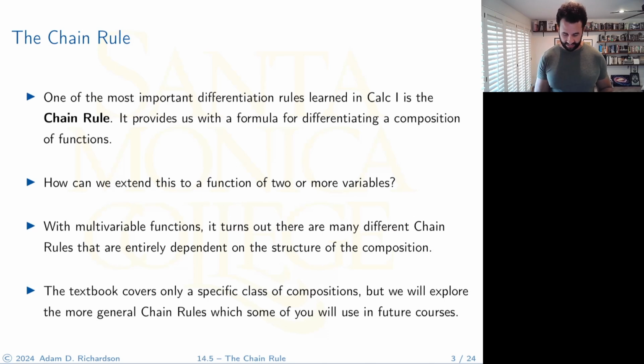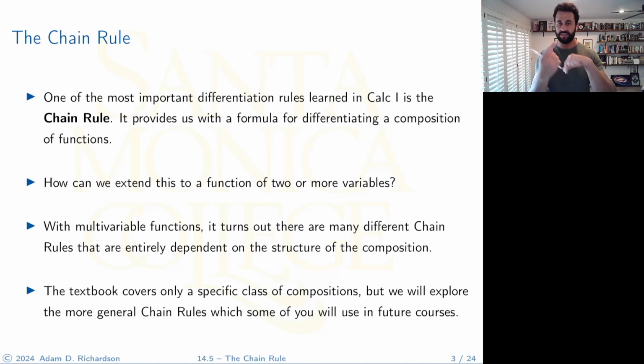So one other thing I want to say is this: the textbook only covers a specific class of compositions or dependence relationships, but we're going to explore it in more generality, just general chain rules. Some of you will see this in the future as well. The idea is that your compositions don't all have to be trees. The book only talks about compositions that take the structure of a tree diagram, but the compositions don't have to be trees.